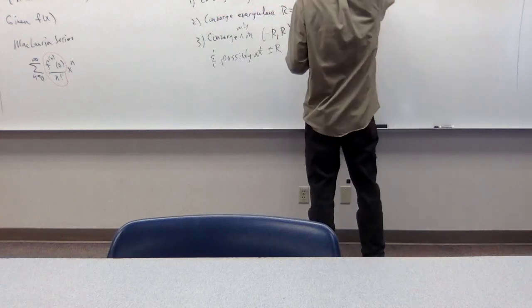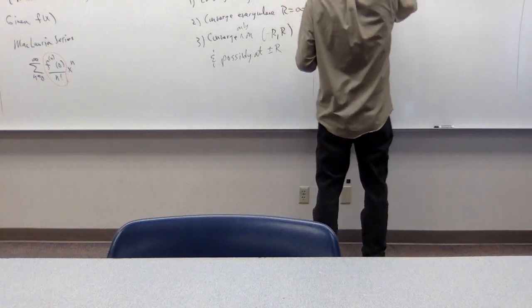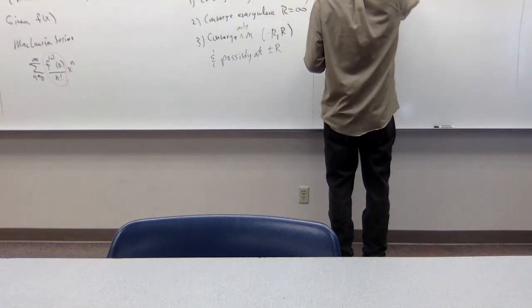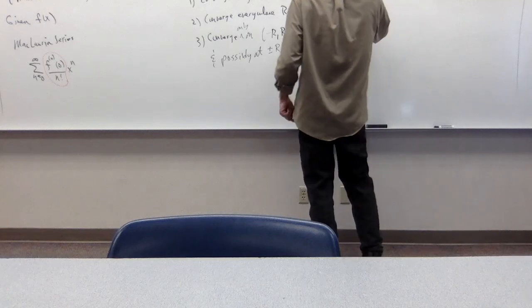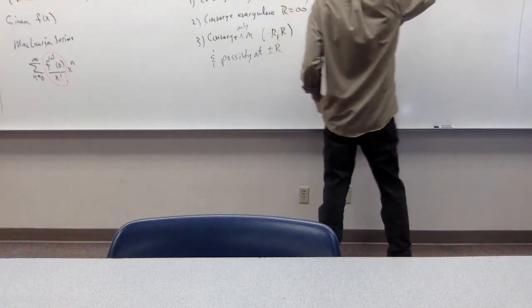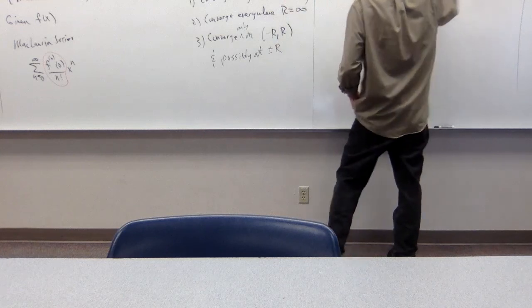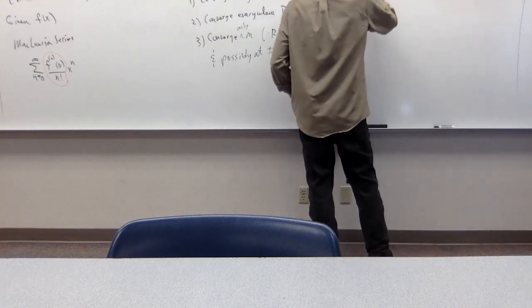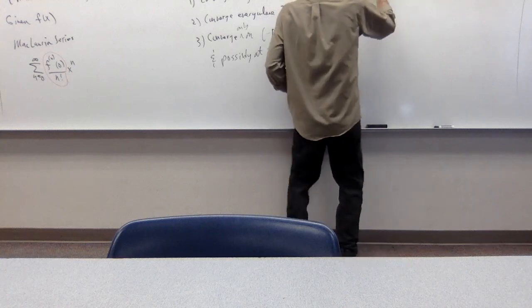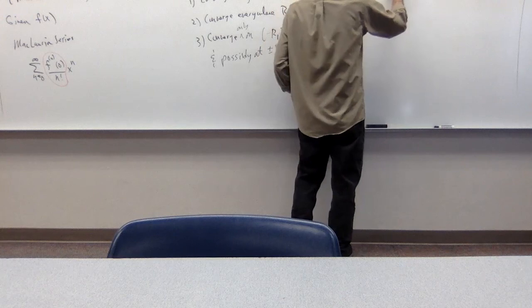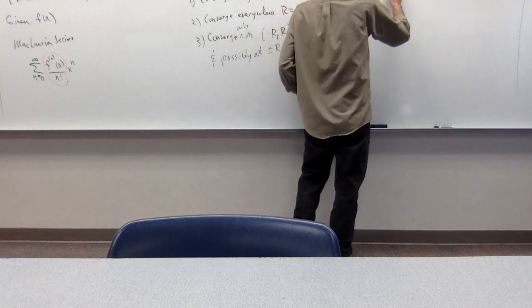So for e to the x, our series is x to the n over n factorial, starting at 0 and going forever. So let's use the ratio test. That's what we use to find the radius of convergence. We've never done anything else. And there's going to be an absolute x survive when I do the algebra. And then I'm just going to get n factorial over n plus 1 factorial.